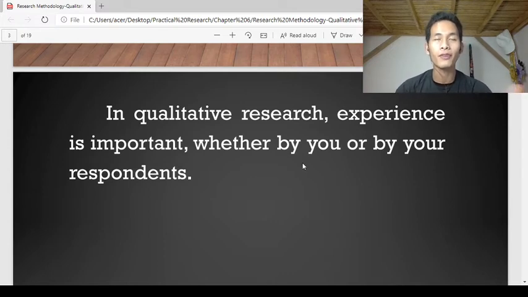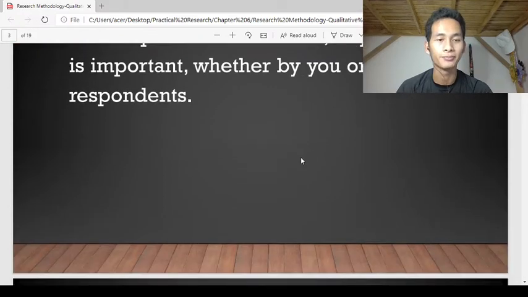For the information of everyone, qualitative research design is commonly used in the field of social sciences such as sociology, anthropology, linguistics, history, diba? Even political sciences also use qualitative research design. And take note that experience is very important.